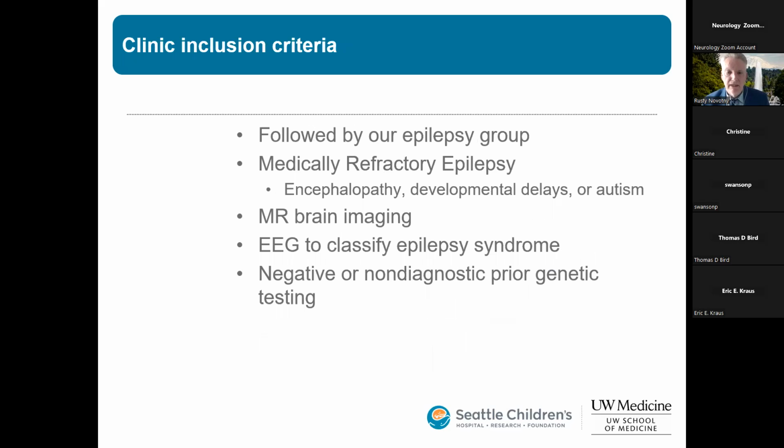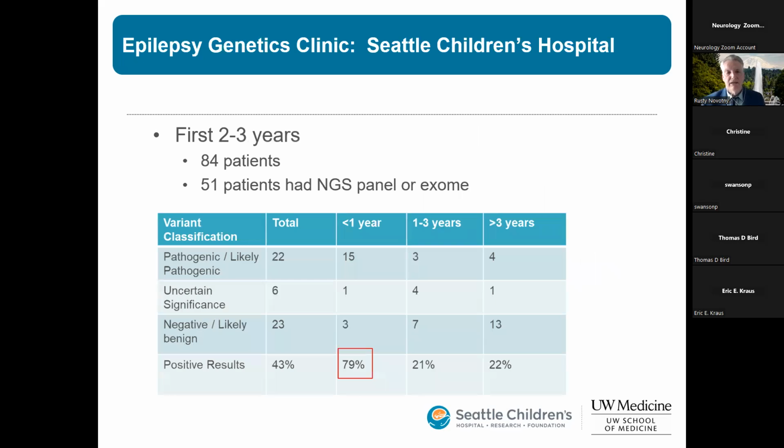And again, phenotyping is really important, and that was really best left to the epileptologists and neurologists. In the first 2 to 3 years of this clinic, we saw about 84 patients. 51 patients had either an epilepsy panel or exome. And you can see in patients who had epilepsy onset of under 1 year of age, our diagnostic yield was almost 80%.